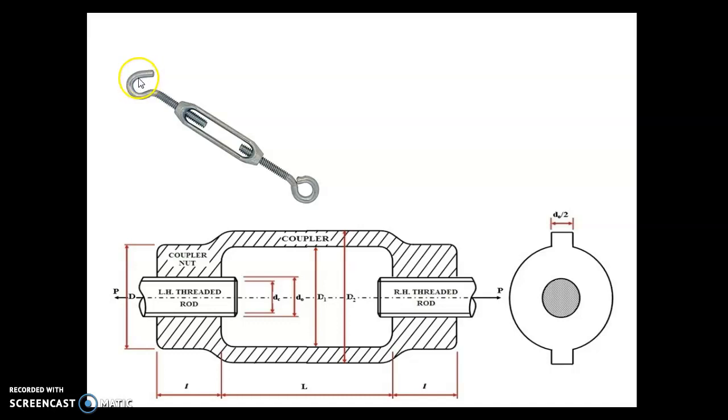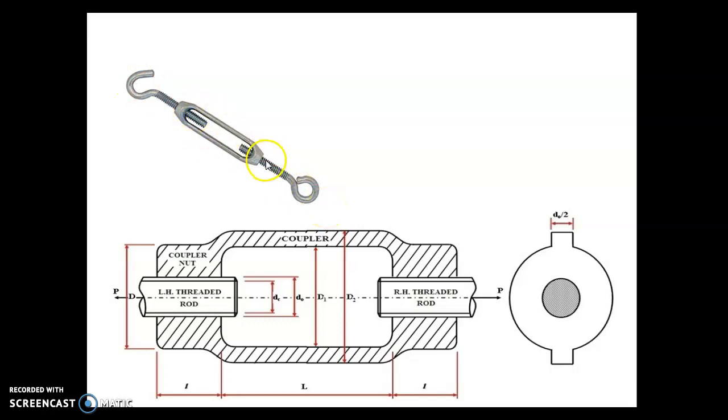So if one rod is connected at this point and the other rod is connected to this point, and after connection, this middle part, which is known as the coupler, is rotated in one direction, suppose clockwise, then these two rods will get tightened.